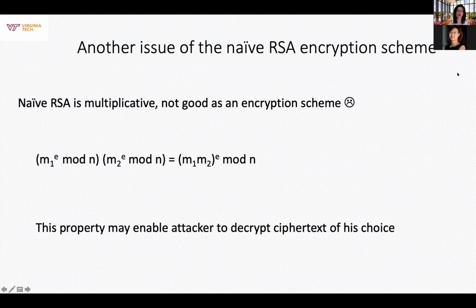For example, because of properties of exponentiation, if the attacker has seen the encryption of M1 and then the encryption of M2, and all of a sudden one day you are sending an encryption of M1 times M2, then the attacker will be able to intercept this message, and after a whole bunch of trial and error, realize this plaintext is M1 times M2 because the ciphertext matches.